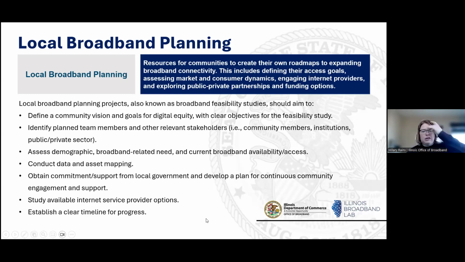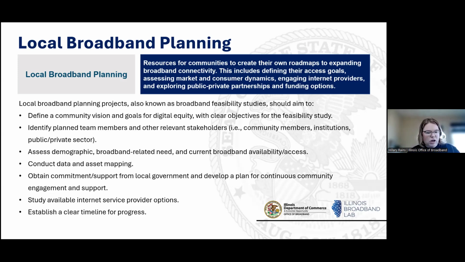So this is language pulled directly from the Notice of Funding Opportunity. It really lists out some of the goals for a broadband feasibility study, which we just kind of talked about, community vision and goals, identify your plan team members, looking at your local data and your need, especially your demographic data, your current availability and access, et cetera.